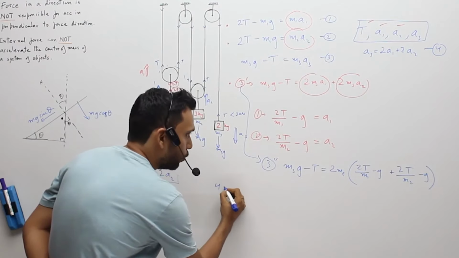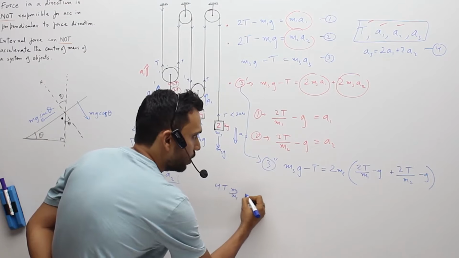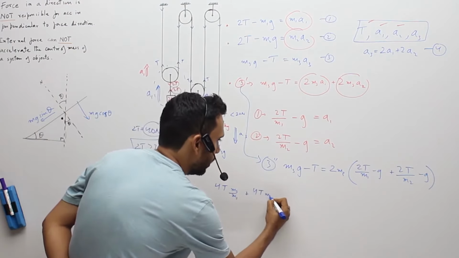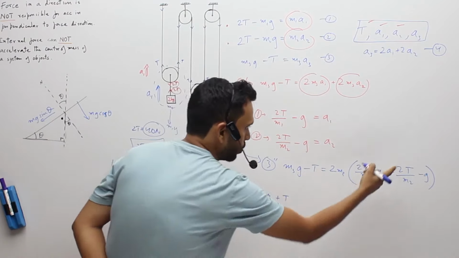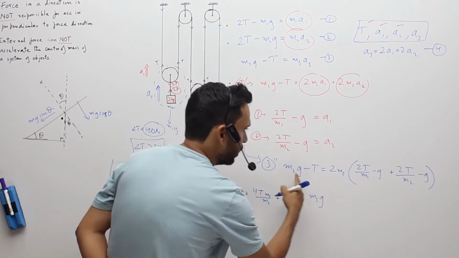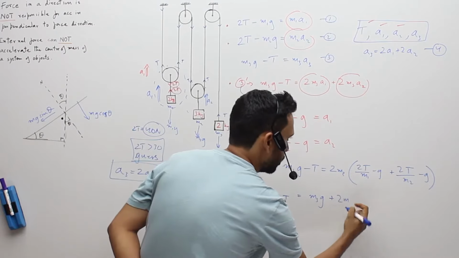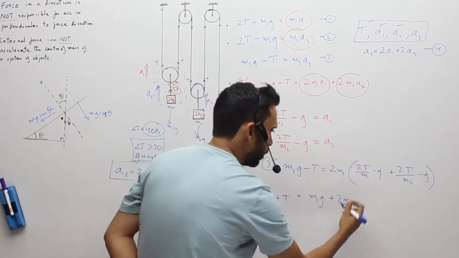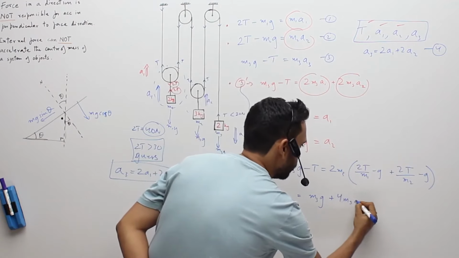So you have 4t m3 by m1 plus 4t m3 by m2 plus t, this goes on that side, is equal to m3g plus twice m3g, and twice m3g is 2g, so plus 4 times m3g.